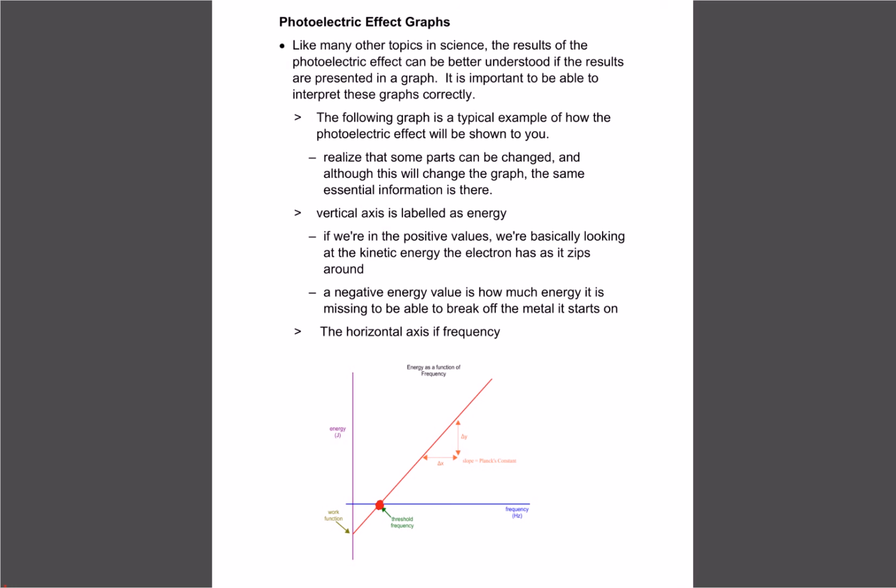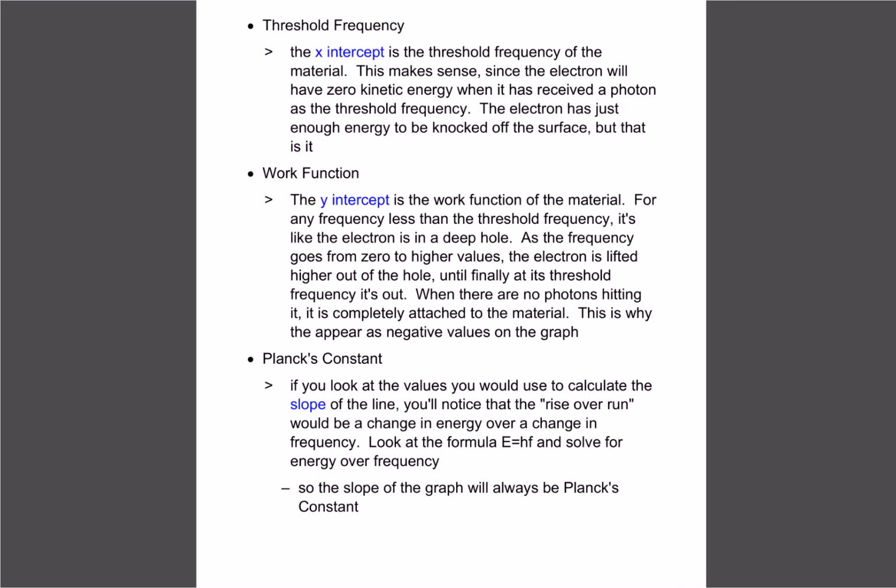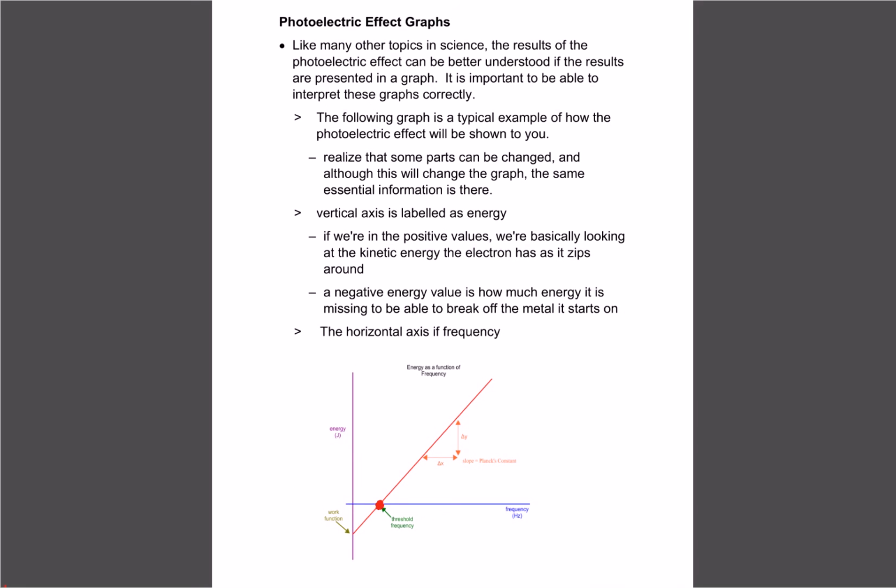So we get a couple of key points. The first one is our x-intercept is the threshold frequency. And the y-intercept ends up being our work function. So those two values are pretty important. And then, because we're dealing with energy equals HF0, if we do rise over run, so the energy over frequency, that'll end up giving us Planck's constant.